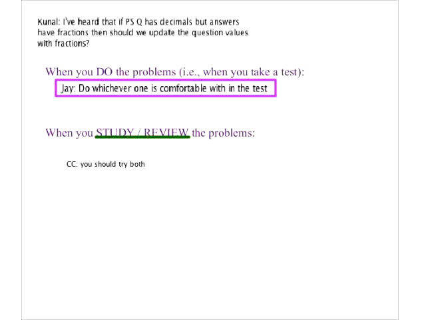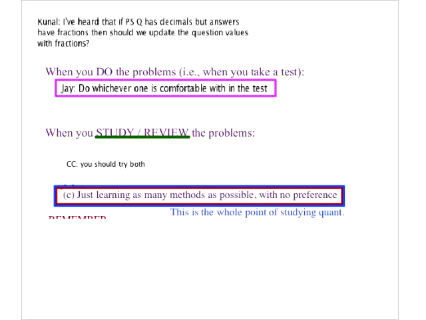That's really the only point. The point is just learning as many methods as possible without a preference. Remember, that's what we said on the other page was the whole point of studying quant. Because that way you can just pick and choose from the methods that come to mind. All right, nicely done.